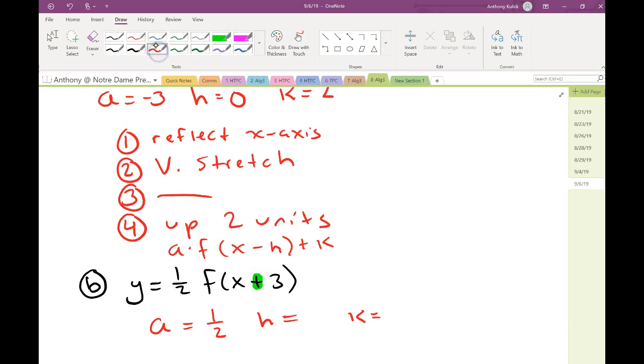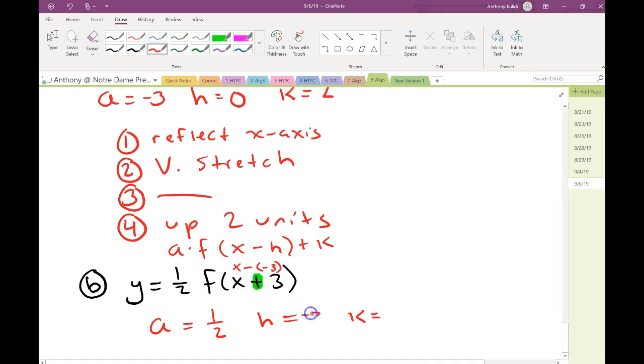So how can I rewrite plus 3 as a subtraction problem? Minus a negative. So really what I have here is x minus a negative 3. Everybody can see that?